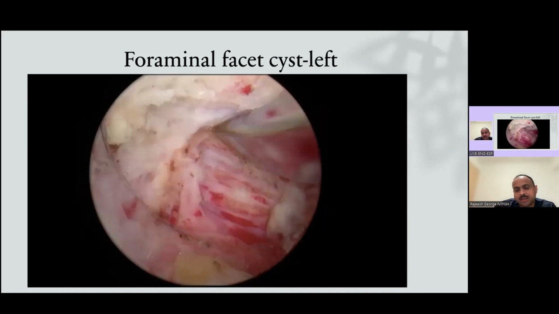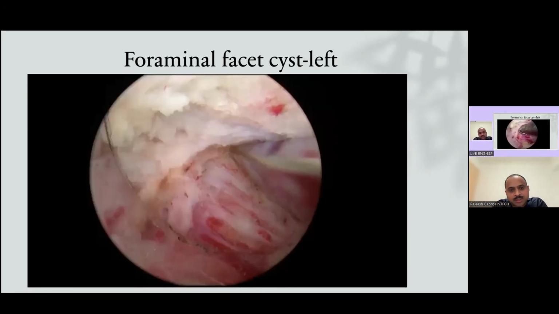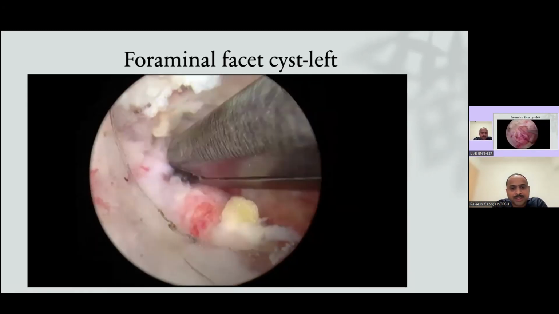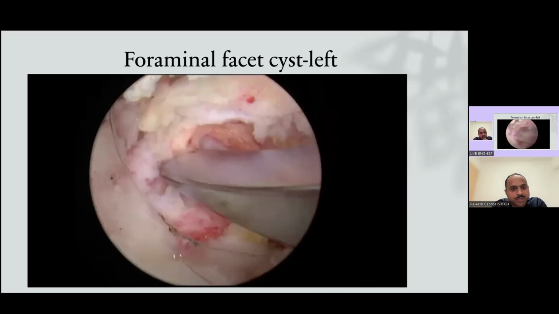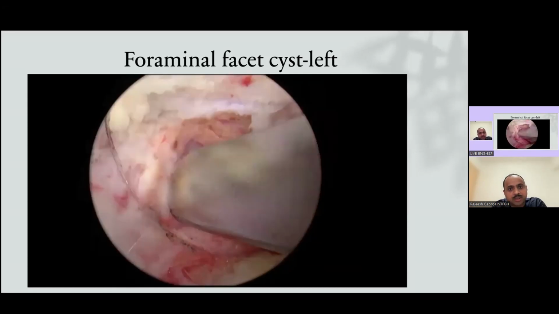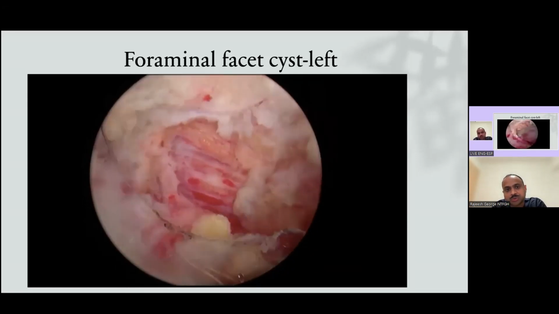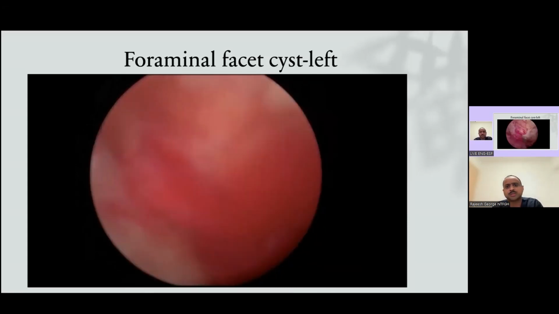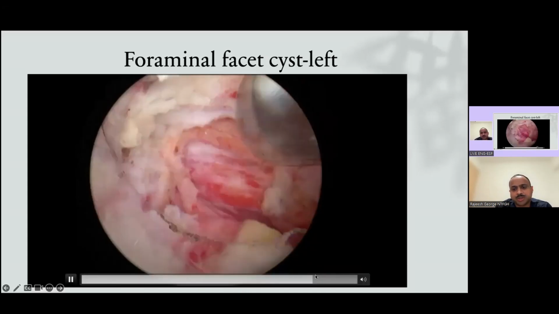And that's why I really like UBE for this. You can customize it. You can see the structures very clearly, up close and personal. You can even identify the plane between. You can use your dissectors to develop the plane, and then you can even bring in your Harrison branches to do that. So your nerve root is quite free.